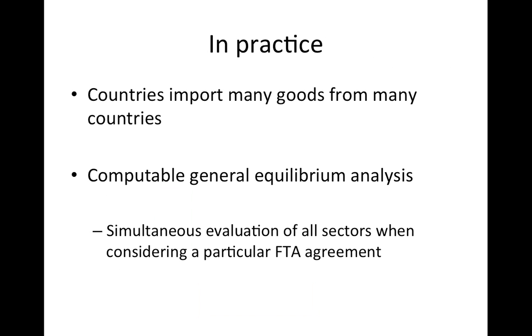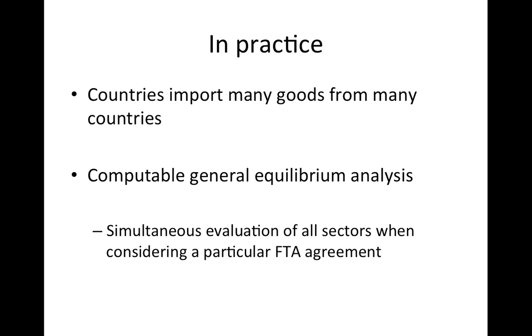Now, in practice, in order to analyze whether or not trade diversion or trade creation outweighs the other as a whole for an economy, you need to look at not just one market, but a bunch of products from many countries.